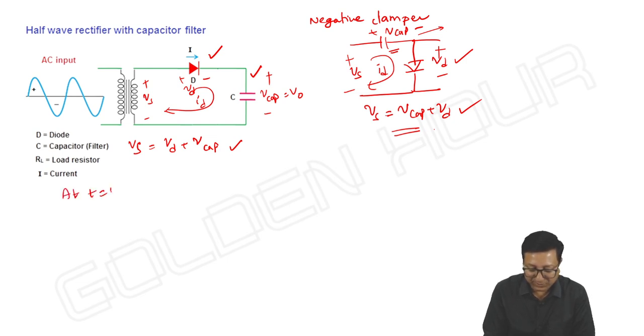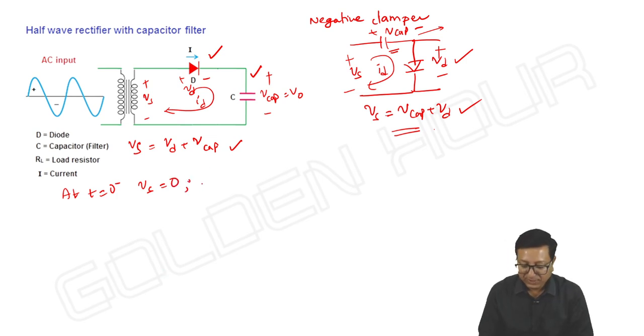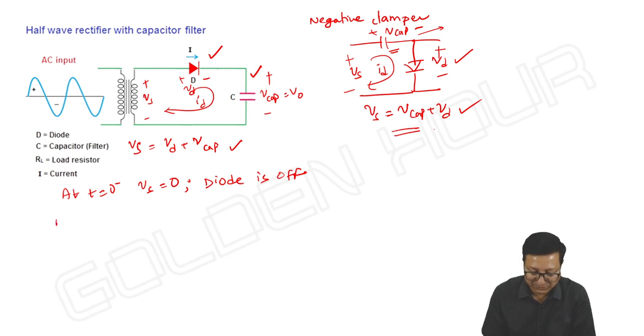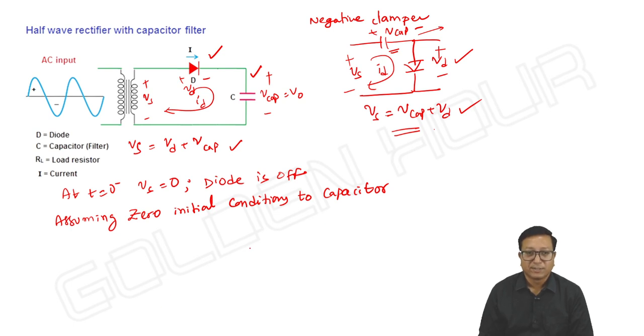At T is equal to 0 minus, Vs is 0 and diode is off, and assuming 0 initial conditions of capacitor. Then voltage across the capacitor is 0, Vd is invalid, diode is open circuit. Vd is 0, Vs is 0, right?